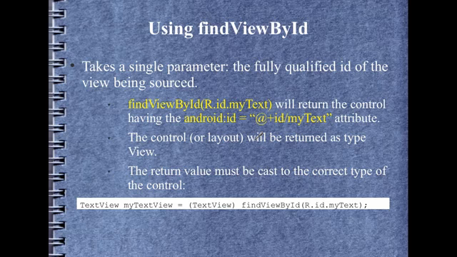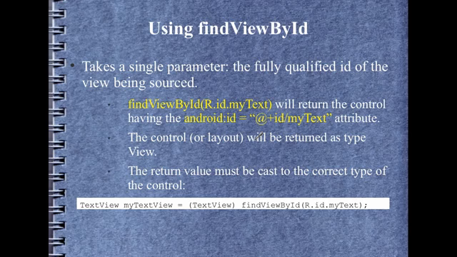So if we have a myText ID, then findViewByID r.id.myText is going to return the control, or the integer value of the control having Android ID plus ID myText. That control will be returned as type view.